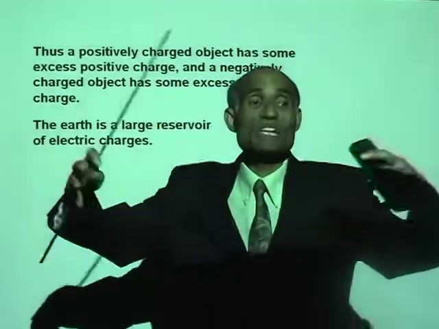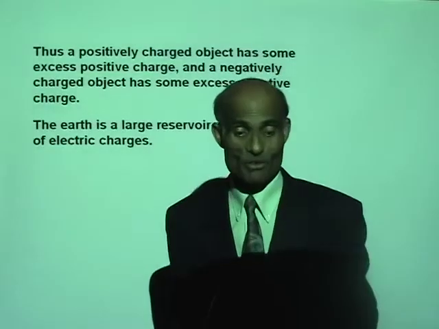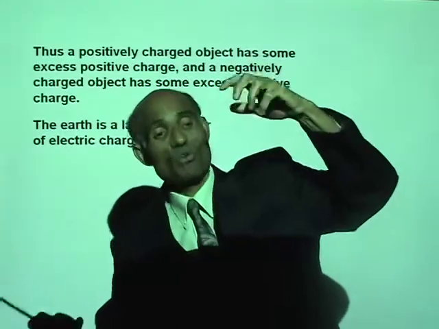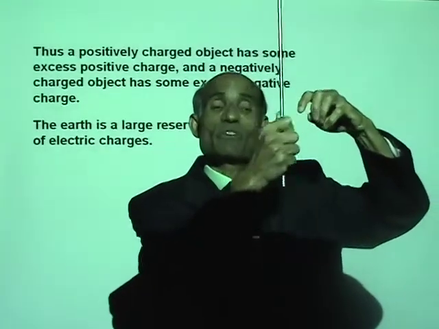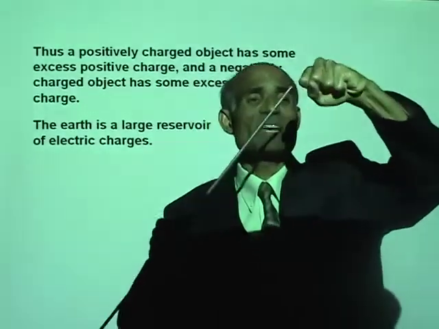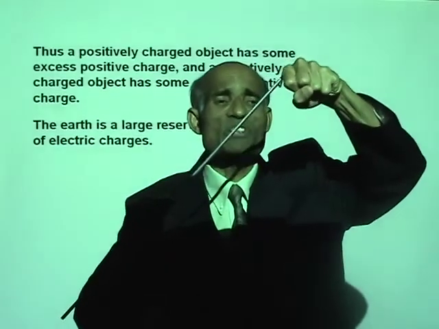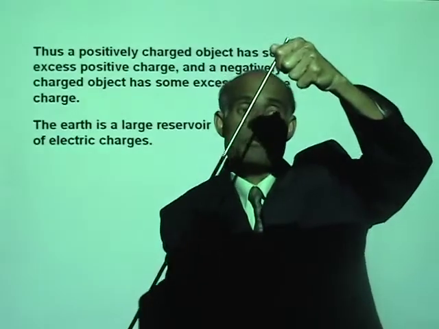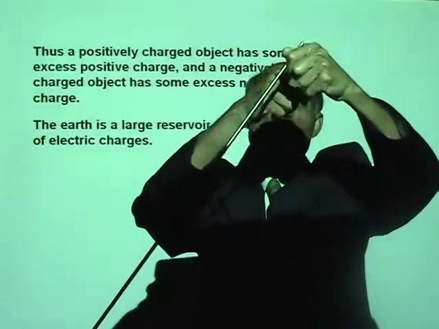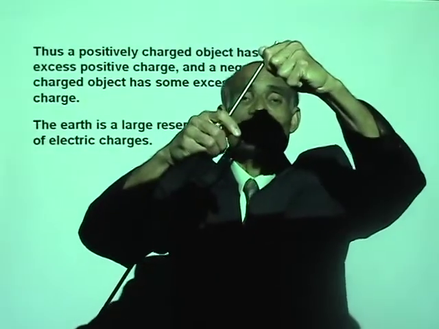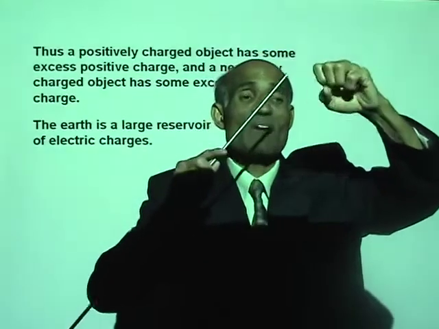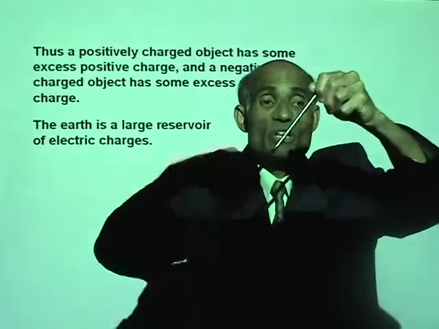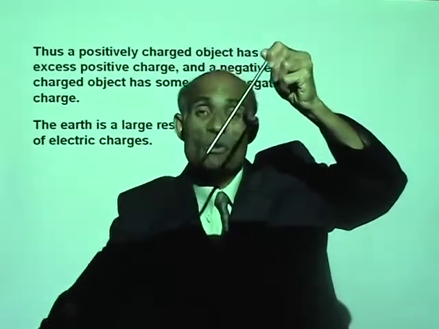Now the earth is a large reservoir of charges. You can either dump charges to the earth or pick charges from it. In other words, if I have a positively charged object and you connect it to the earth, negative charges from the earth will come and neutralize those positive charges. On the other hand, if I have a negatively charged object and connect it to the earth, the negative charges will flow to the earth.